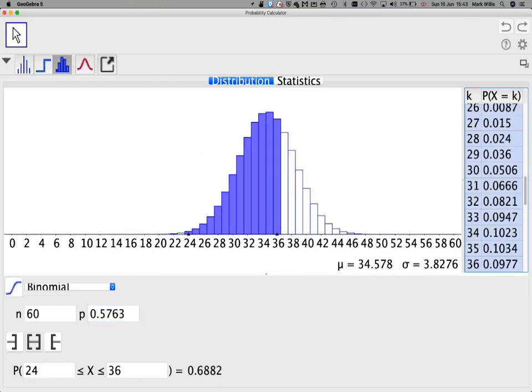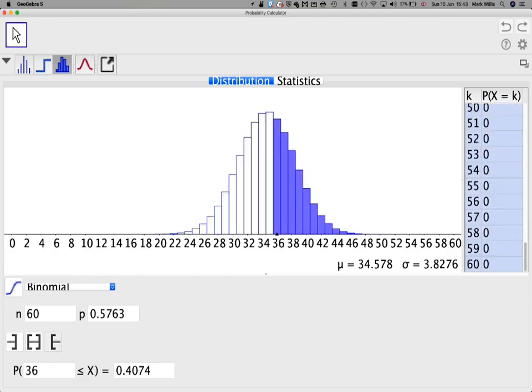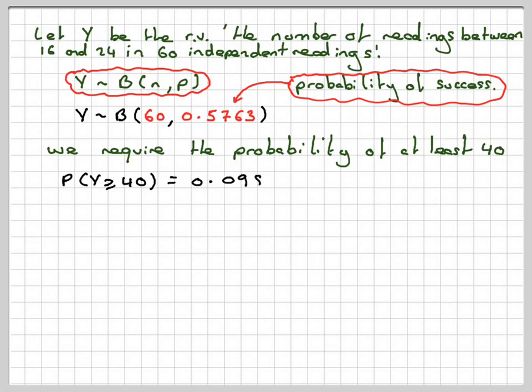Okay, and then I want x to be greater than or equal to 40. So change that 36 to 40. Okay, and then I get an answer of 0.0982.